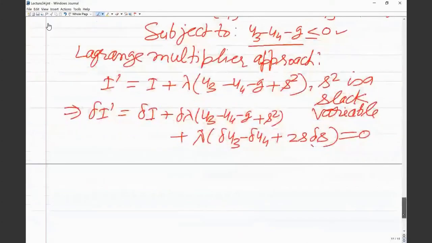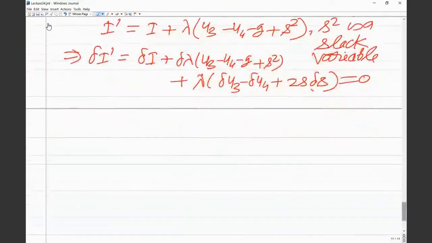So this is how you set up the equation based on the Lagrange multiplier approach.